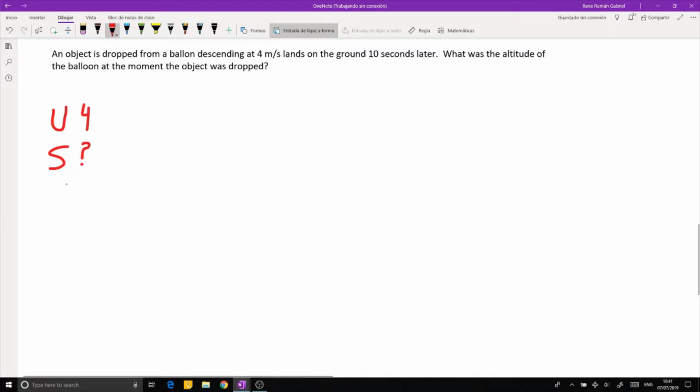Then we have final velocity, which we don't know. We have acceleration, which is 9.81, but let's just put 10 for simplicity. And time, which they say is 10.